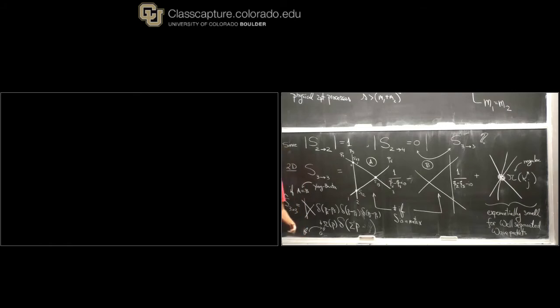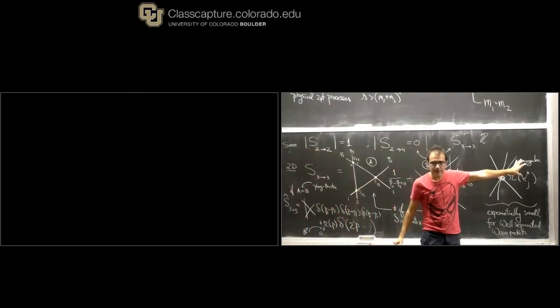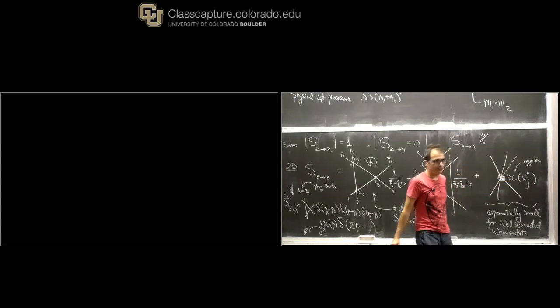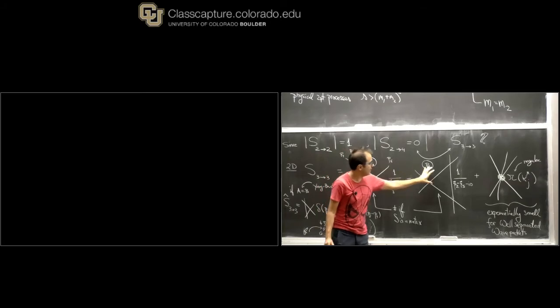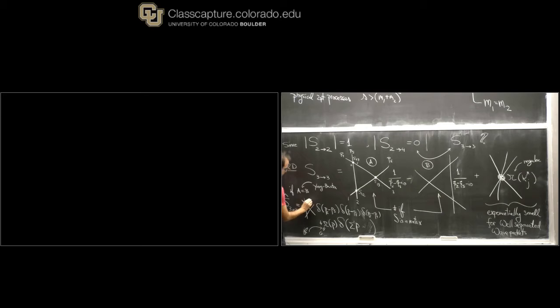So an amplitude whose 2 to 4 is 0 is an amplitude which has no regular part. Then, as you see, it will factorize, and the 3 to 3 scattering is factorized.